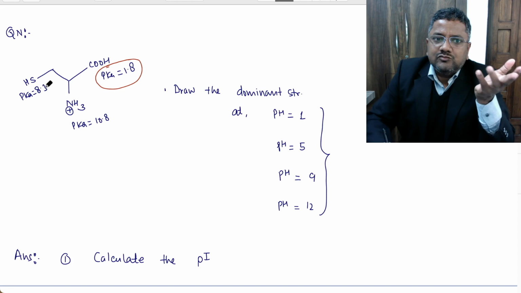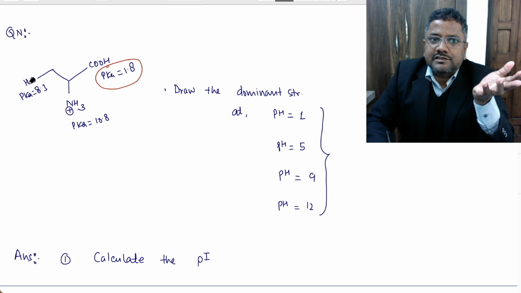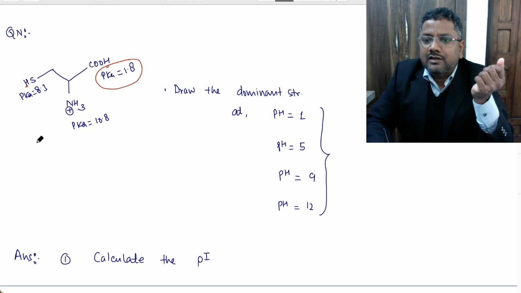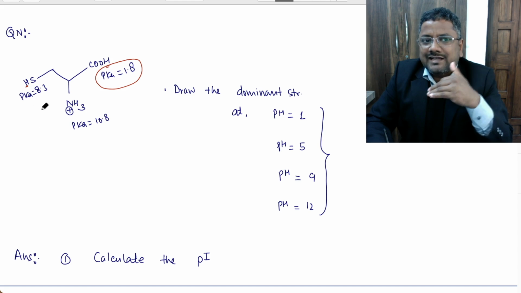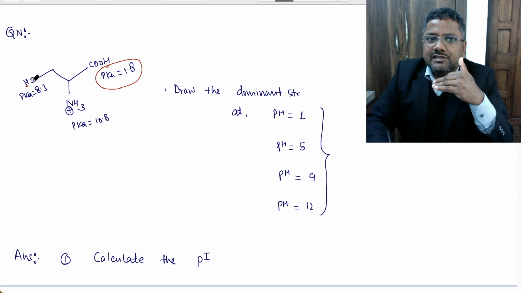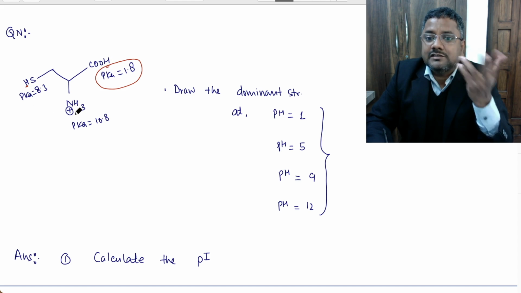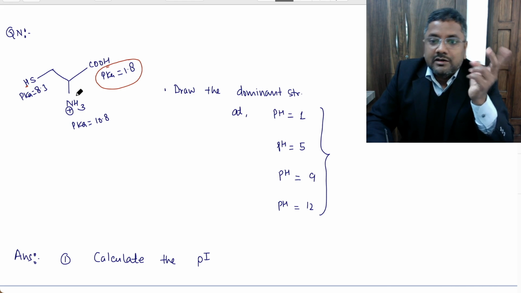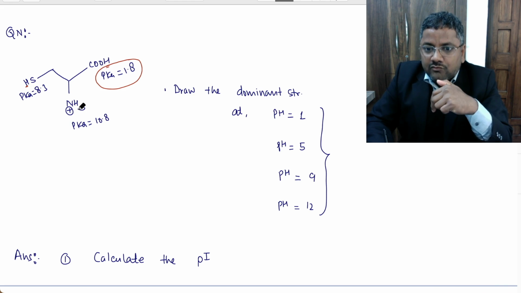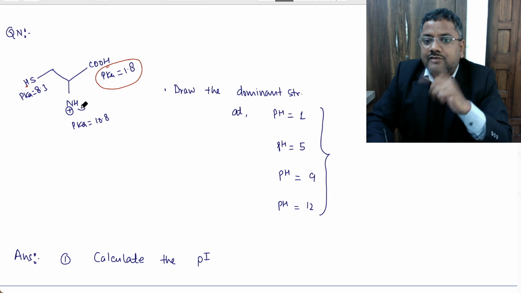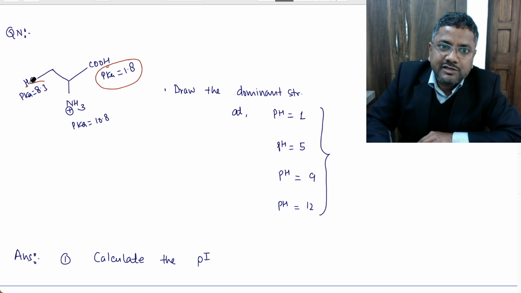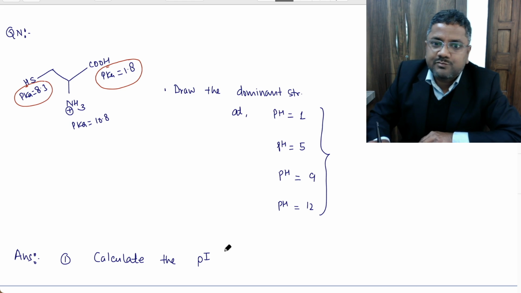Keep on adding. The second time this proton will go. After the second endpoint you will get a negative and a single positive, meaning a net anion. The concept I gave you: one step before the formation of the zwitterion and the immediate step after it. So what is pI for this?